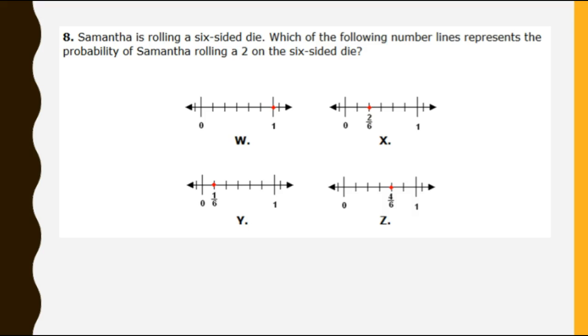So the number of favorable outcomes would be 1, because there's 1 2, and then there's 6 total, because it says it's a 6-sided die. So there's 6 total possible outcomes. And so then now you need to look over here at these number lines and see which one is represented like that. And you can see it here. So then you would choose Y.